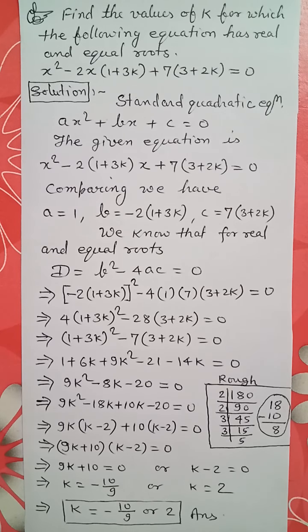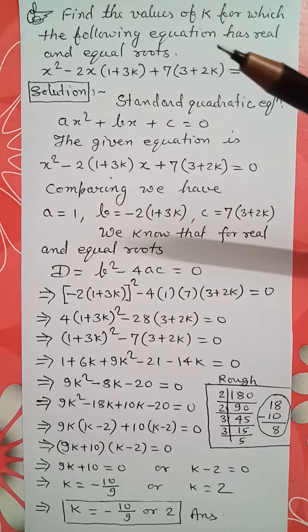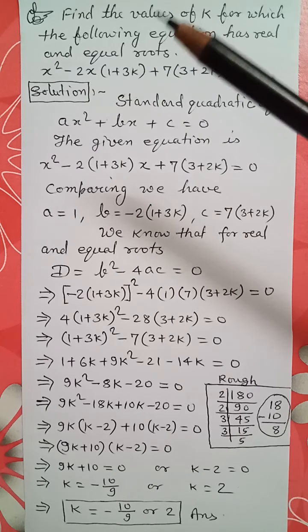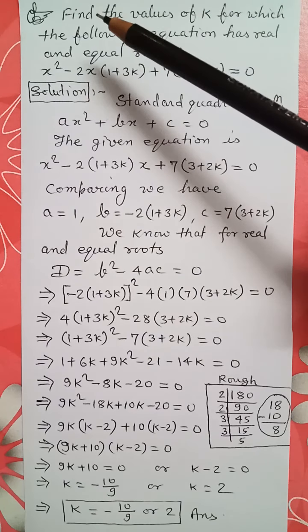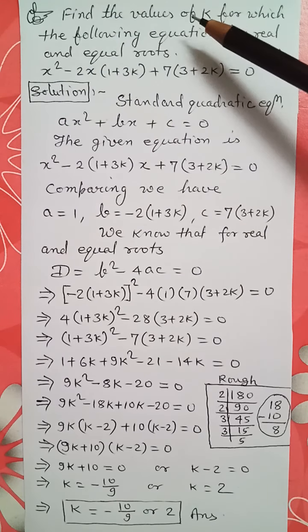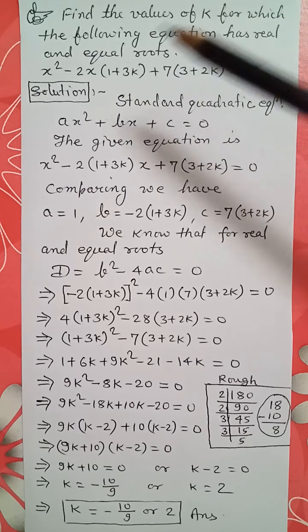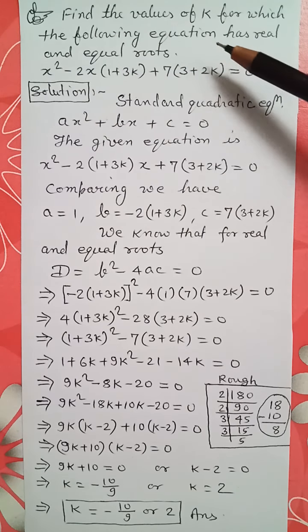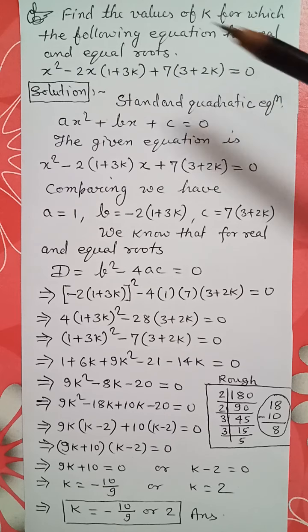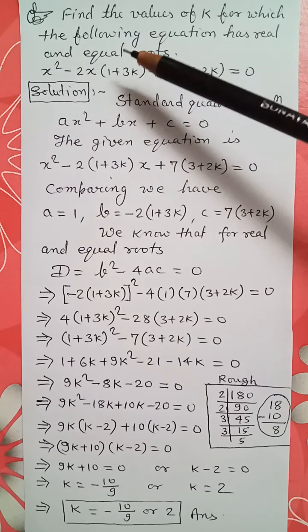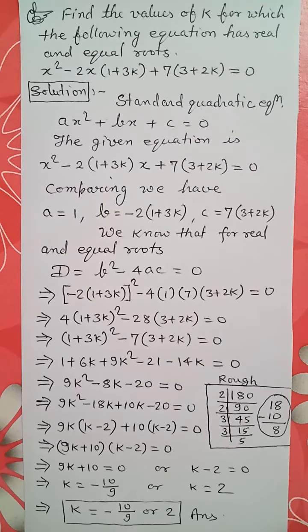Hello students, let us look at a problem of quadratic equation. This problem has been asked in CBSE board examination. Find the values of k for which the following equation has real and equal roots.